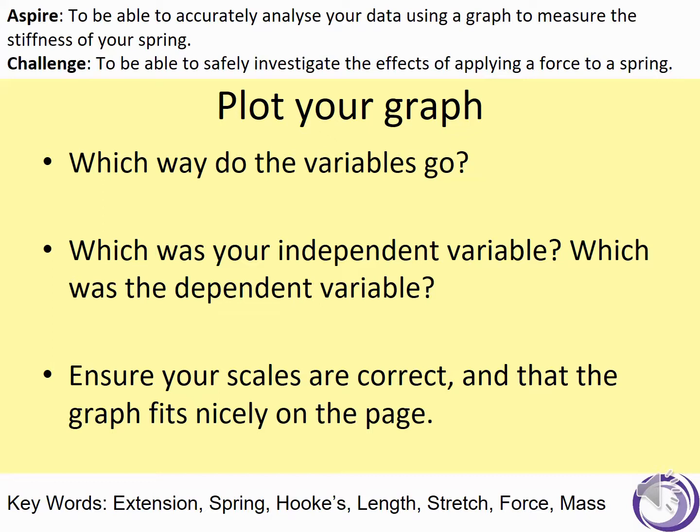When you're drawing a graph, it's important to remember that the x or across variable is always the independent variable, the one that is allowed to change. And in this case, the one that we changed and then recorded the results was the weight. So therefore, the y-axis or dependent variable is the extension that we are plotting.